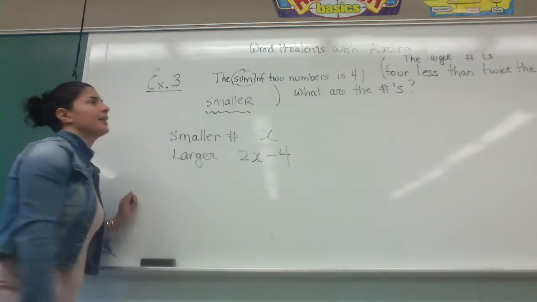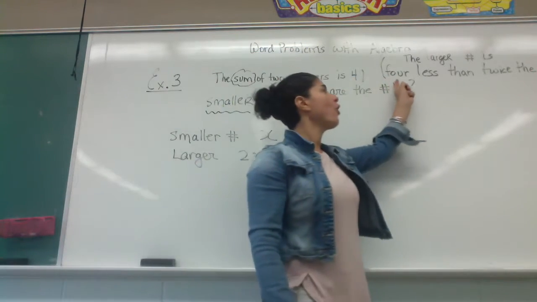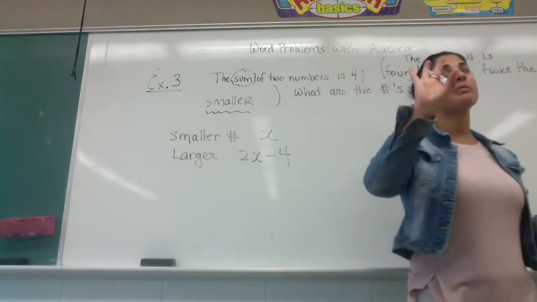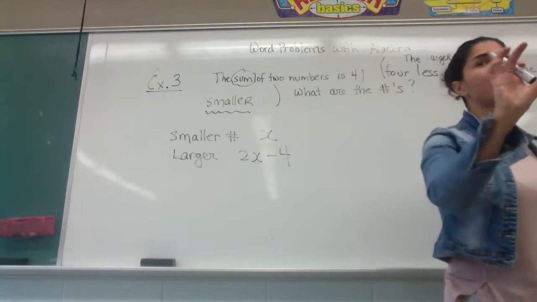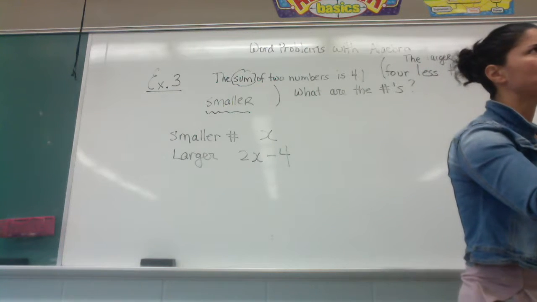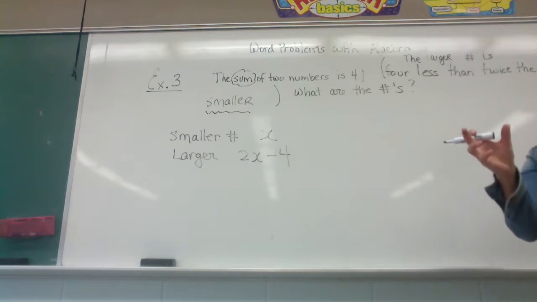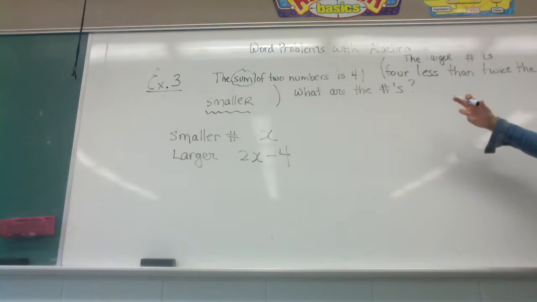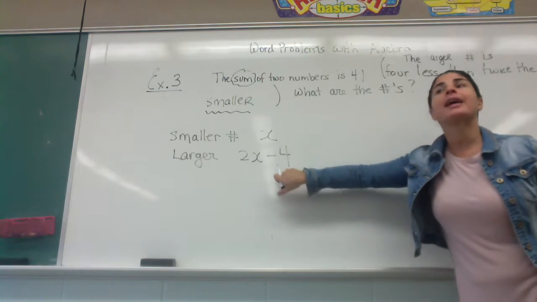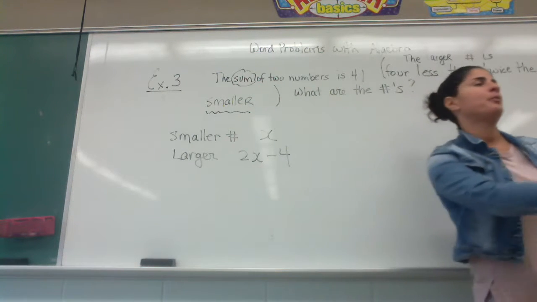Why? Because it says 4 less than, which means to reverse, right? Less than, more than, added to, from, subtracted from. Those all mean to reverse. So I put the -4 at the end and the twice the number at the front.